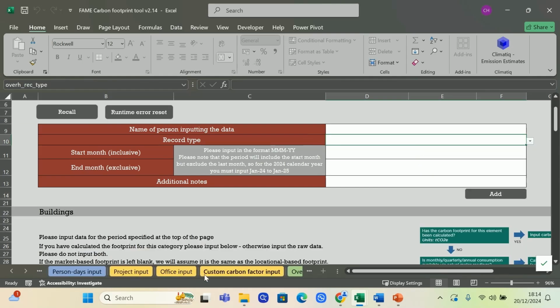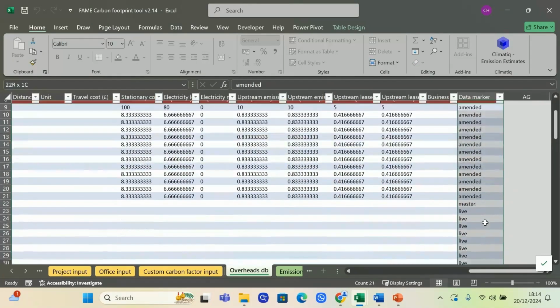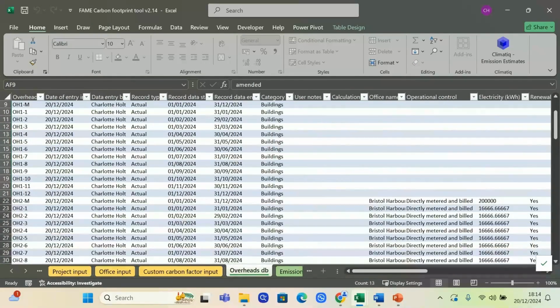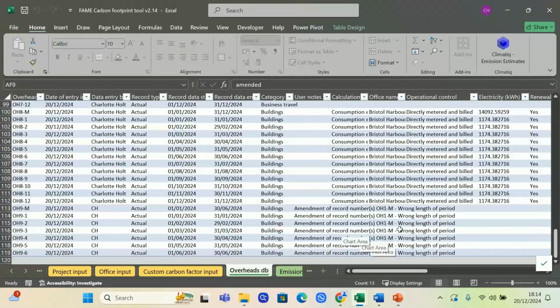If we go to the overheads database, we can see that these are all amended, and if we go to the bottom, we can see that it was an amendment of OH1, and that we've only got from the 1st of Jan to the 30th of June, so we've got January, Feb, March, April, May and June.